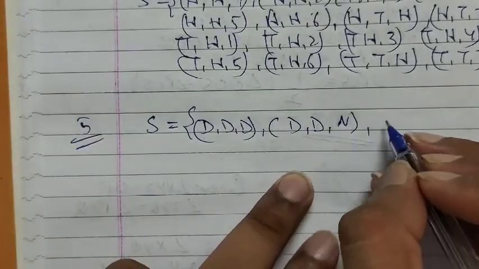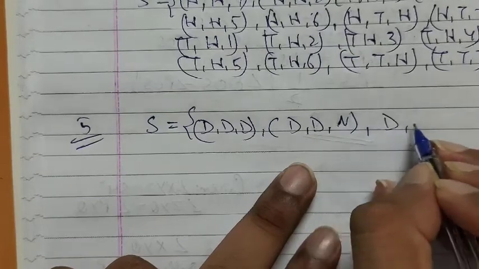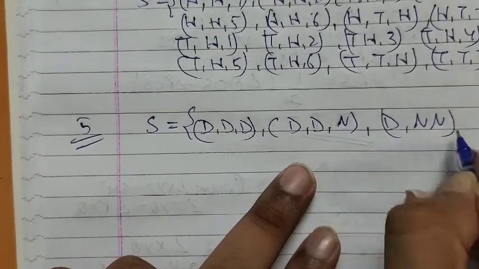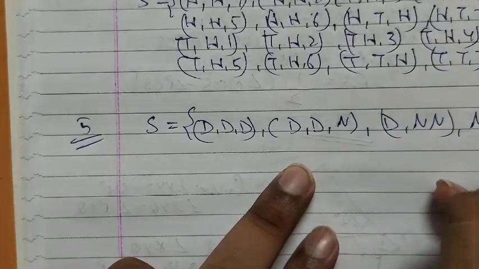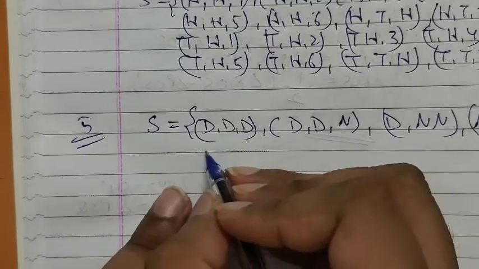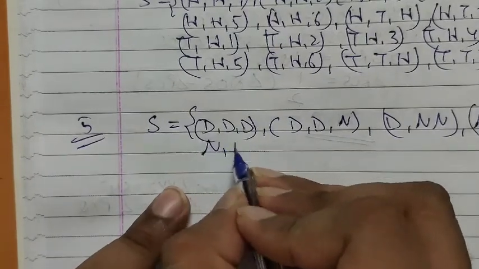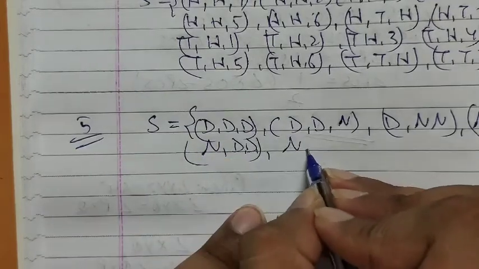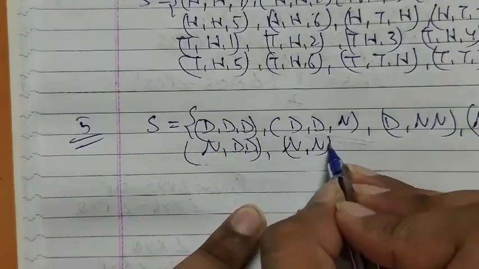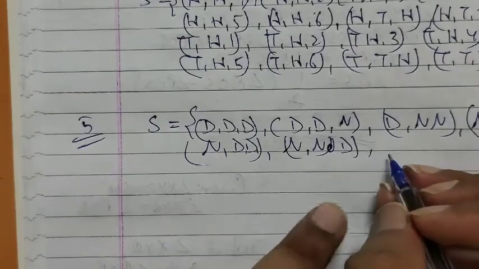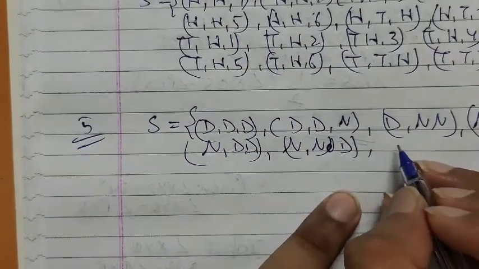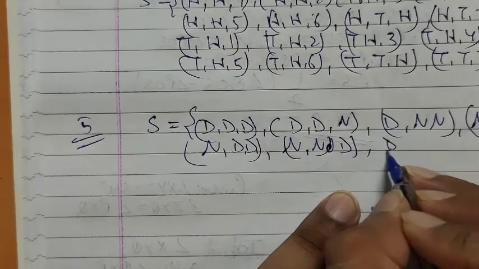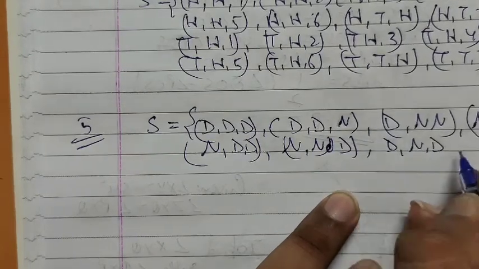Or 1 is defective and the other 2 are non-defective, or all 3 are non-defective, or the first one is non-defective and the other 2 are defective, or the first 2 are non-defective and the last one is defective, or the middle one is non-defective and the other 2 are defective.